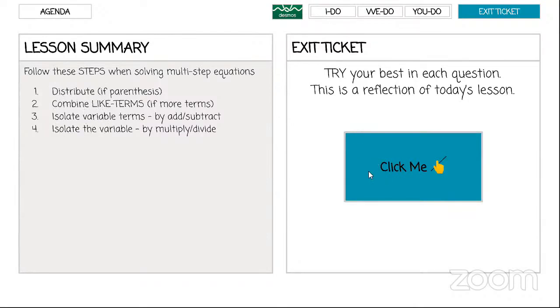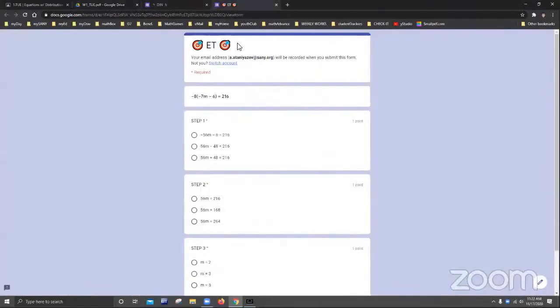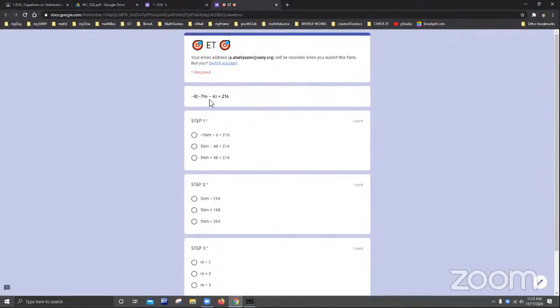And we have 5 minutes left till the end of the class. So what I will ask you now is go to your exit ticket. This will be graded. And I broke down this solving equation problem, with a -8 outside of parentheses, step by step. So what happens when you do the first step, distributing the number?